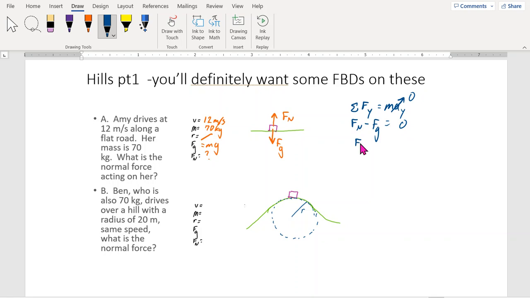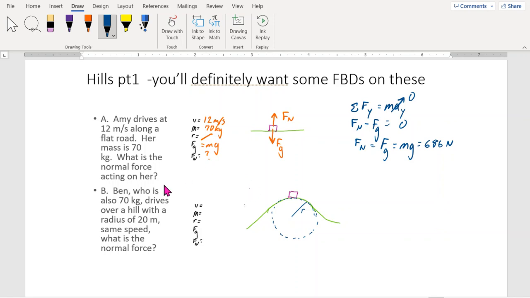So that means normal is equal to grav, which is equal to mg, which is, let's go ahead and tap that into our calculator. And that is going to be 686 newtons. All right, so that was actually really straightforward. That one is just the contrast, right? In this case, the normal is equal to the grav. That's not going to happen anymore.